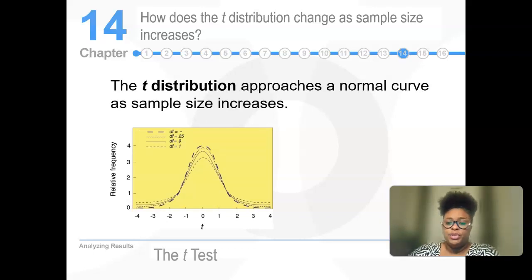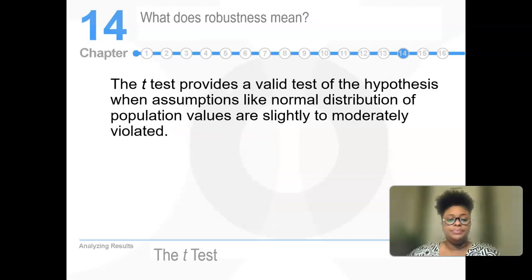The t-distribution approaches a normal curve as the sample size increases. So the more participants we have in the study, the larger the sample size will become, and our normal distribution will broaden and create a more evenly distributed sample.